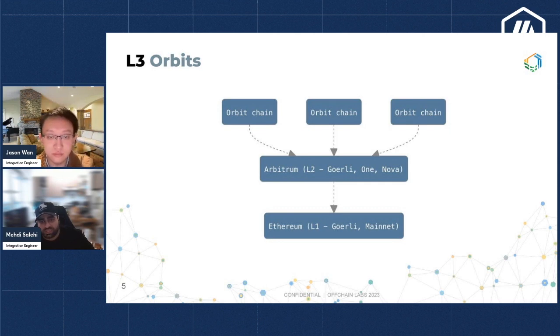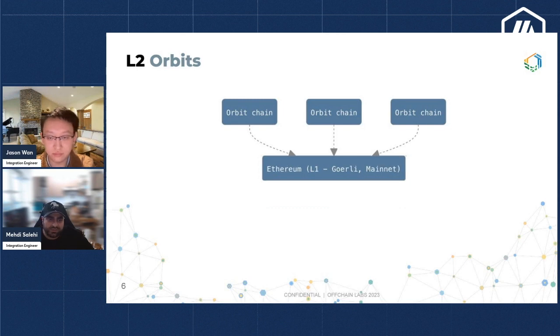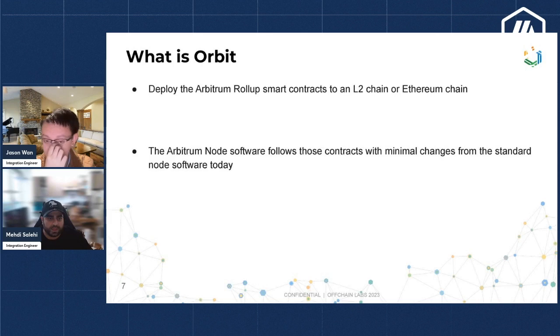L3 Orbit chains settle to an L2, and as you know, L2s settle on L1. L2 Orbits would be similar to the current L2 Arbitrum chains, settling to L1, Ethereum mainnet.